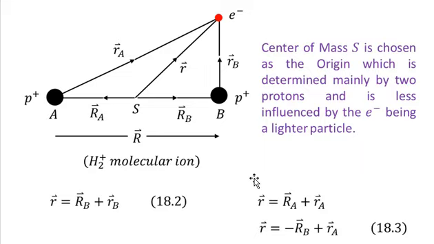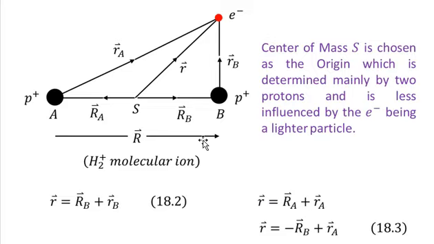Similarly, you can also reach the electron by traversing the distance small r, which is the position vector of the electron from its center of mass, by traversing the distance capital Rb and then small rb. So small r can also be written as capital Rb plus small rb.